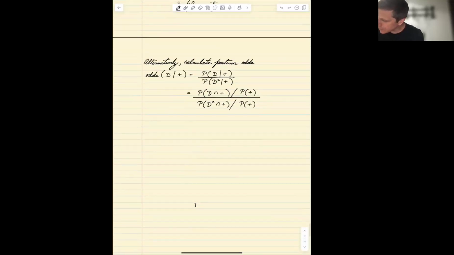So on the top, probability of positive given D times probability of D, over probability of positive given D complement times probability of D complement.